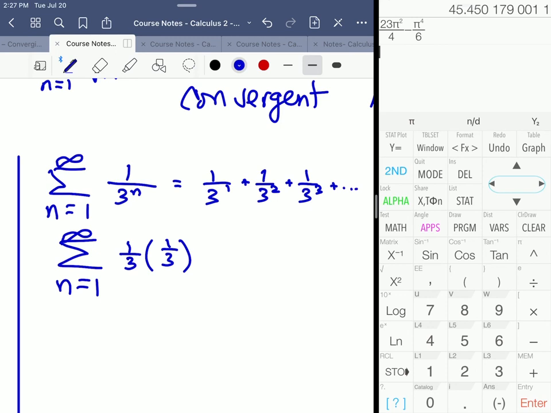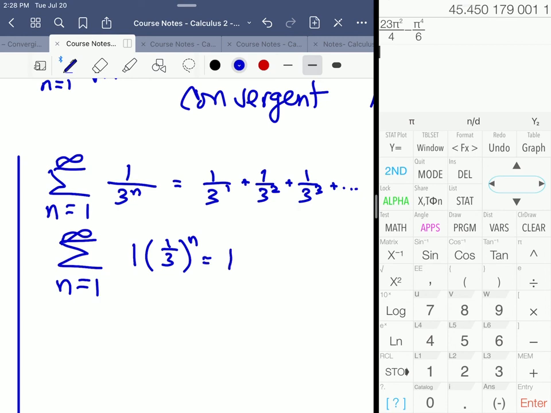If I make this to the nth power, then our first entry would be 1/3 times 1/3 to the first power, which gives us 1/9, our second term. If I really want this to bear out the proper way without having to adjust the bottom value in my sequence, I would make my initial value a 1.